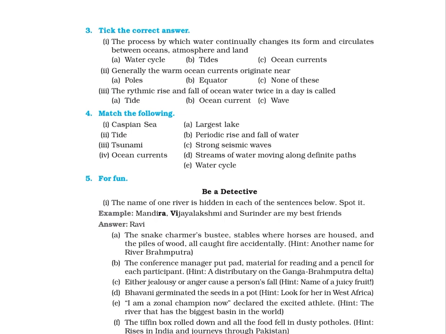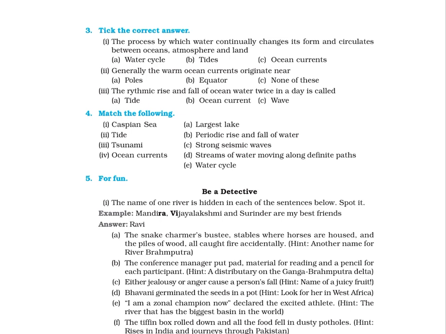Generally, the warm ocean currents originate near A. Poles. B. Equator. C. None of these. Part 3. The rhythmic rise and fall of ocean water twice in a day is called A. Tide. B. Ocean current. C. Wave.